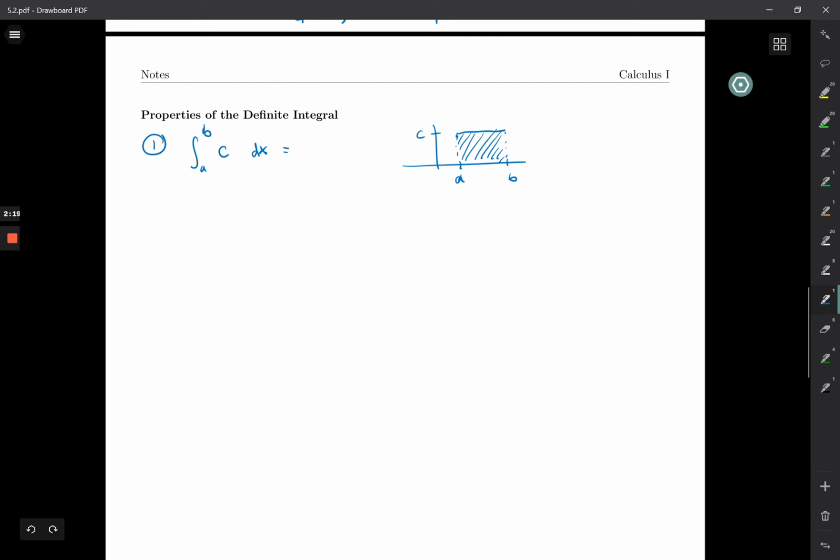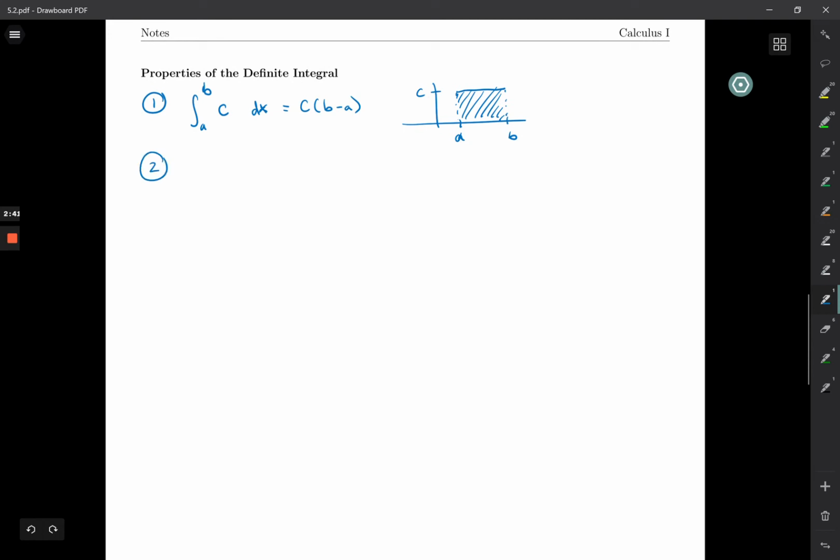That is going to be a rectangle with width b minus a, and I should write this a bit lower. So it is width b minus a and height c, so you get c times b minus a. Right. Okay, and so that's our first property.